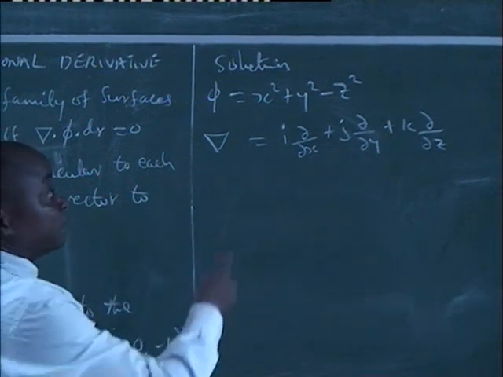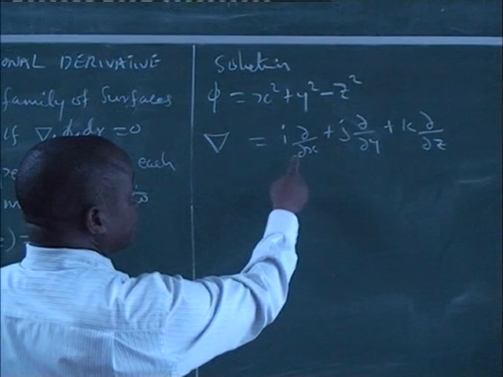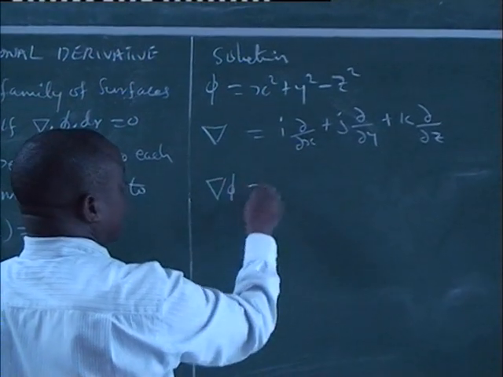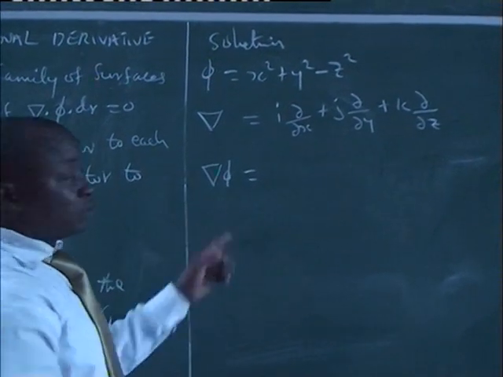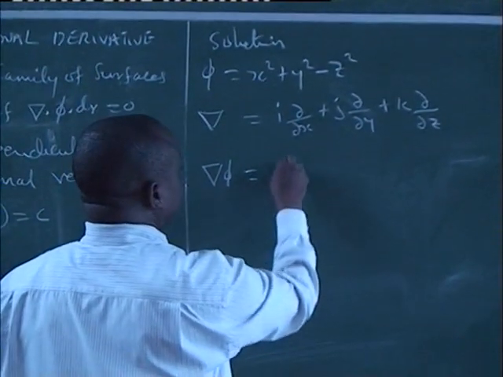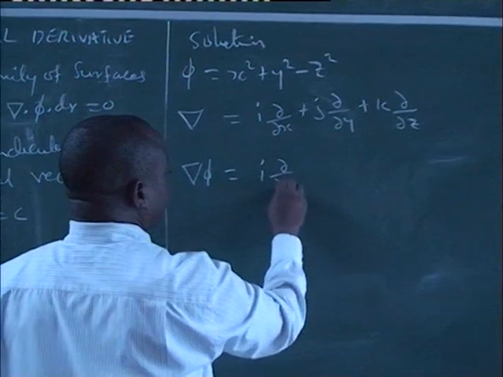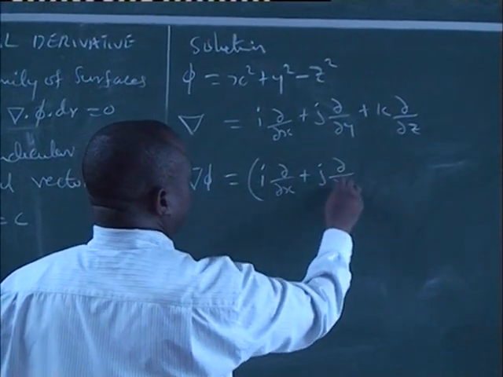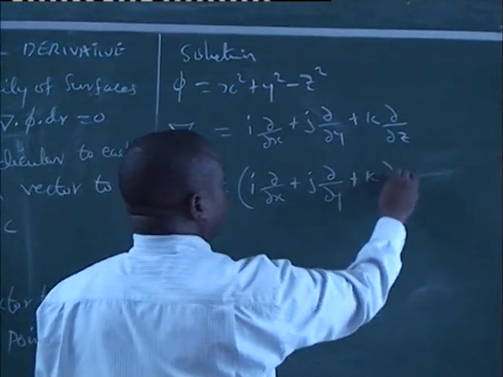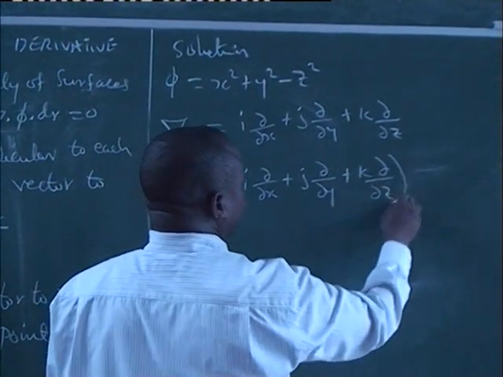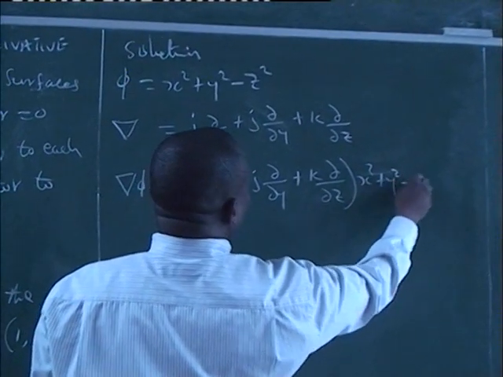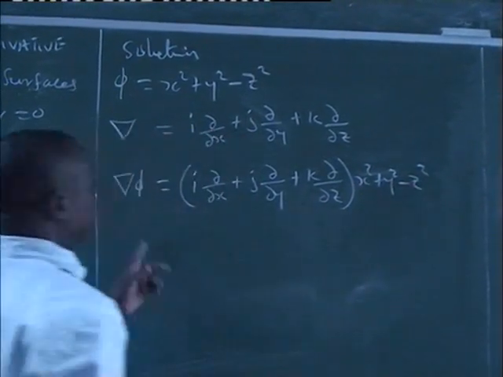So del phi, which is the normal vector we are talking about, is the same as i partial x plus j partial y plus k partial z acting on phi, and phi is x squared plus y squared minus z squared.